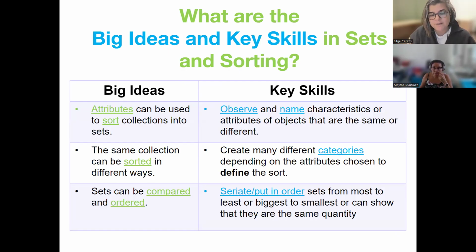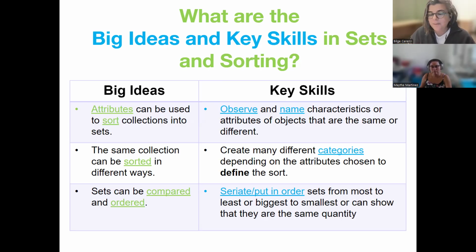So we have three big ideas related to sorting. The first one: attributes can be used to sort collections into sets, which we did when we did the which one doesn't belong. I used color as an attribute. You used shape as an attribute. The same collection can be sorted in different ways, which we did again. I did it by color, you did it by shape. So we look at the same things and you group it differently, I grouped it differently.